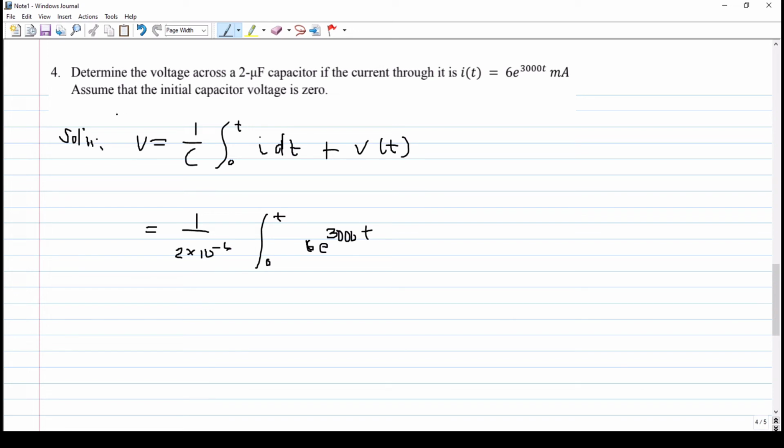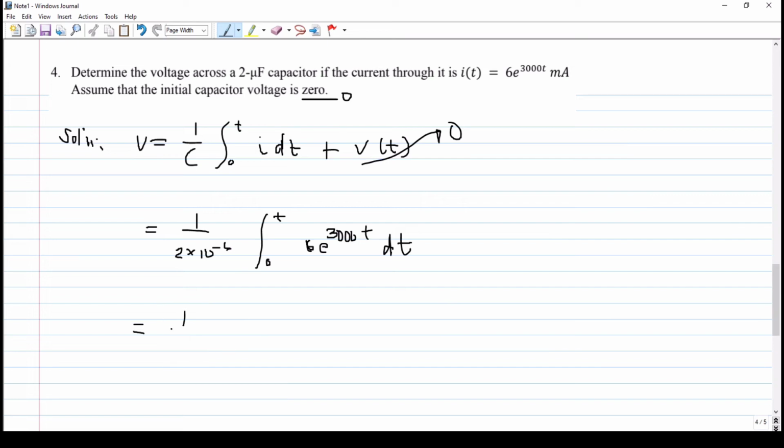So take note that we assume the initial capacitor voltage is equivalent to 0. So therefore, this initial voltage here is 0. Okay, so we can now integrate.